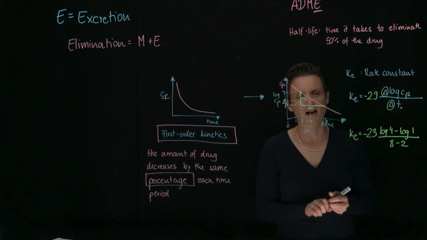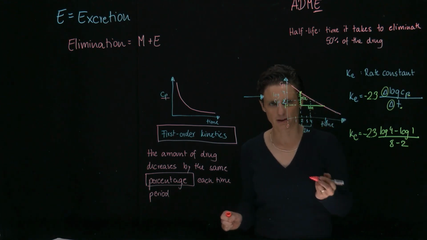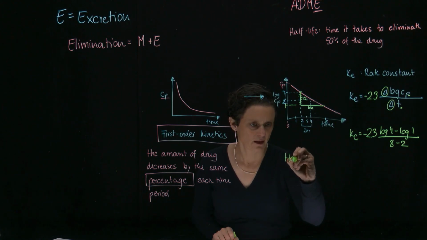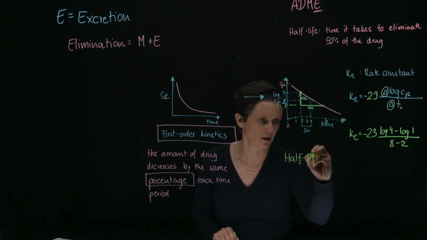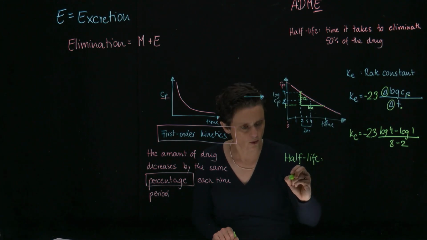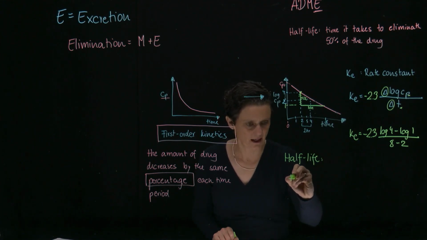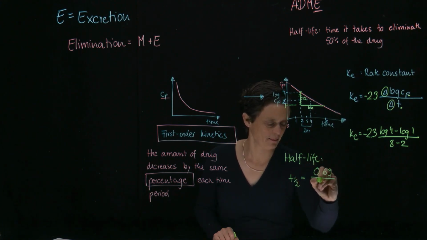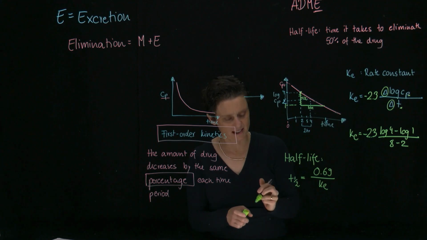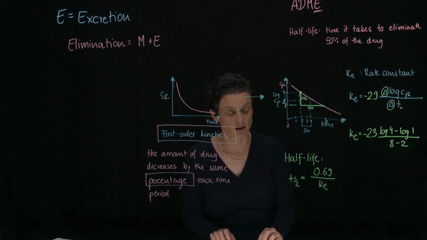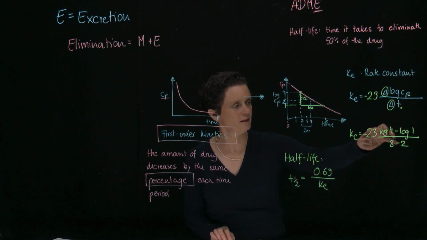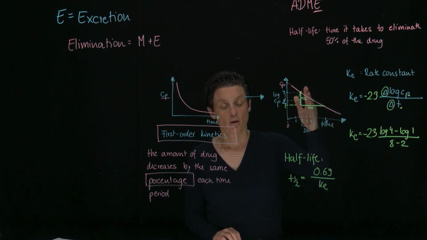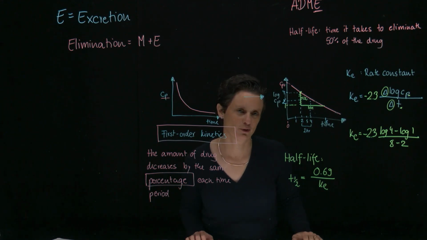Well, I can also get my half-life from this rate constant, because there's another important formula for half-life. So, I can either read it off the graph, as I showed you before, or I say T half equals 0.69 divided by Ke. Now the 0.69 comes from the natural log of 0.5, because obviously if you want to do the half-life, you need to use the numbers where the drug concentration goes into half.